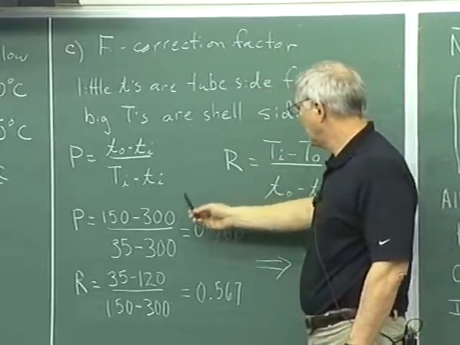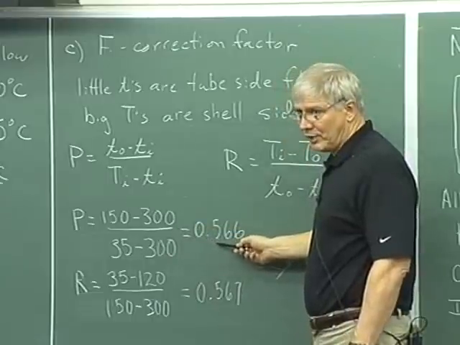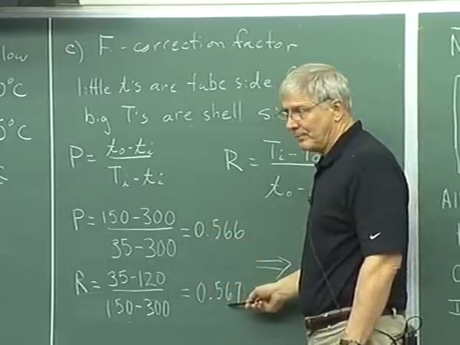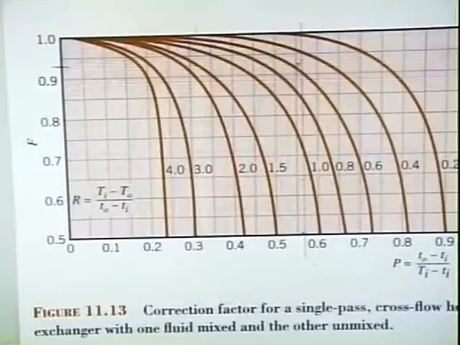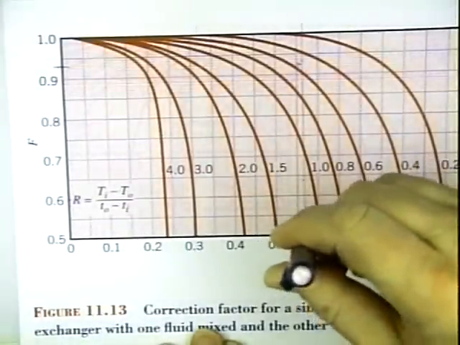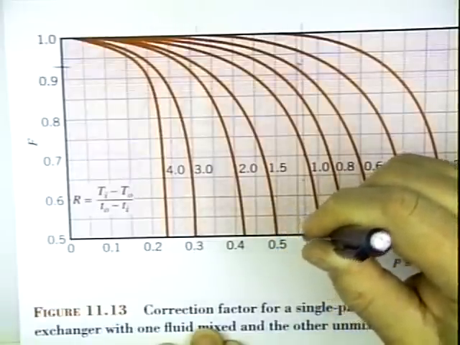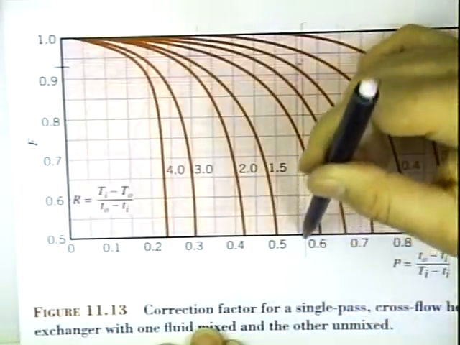So if we calculate P, plug in the temperatures, we get 0.566, and if we calculate R, we get 0.567. So we go back to the table here, and we have P is 0.566, so we go to this point right here on the horizontal axis, and then we go up to R, which is a pink line, where it's 0.567.